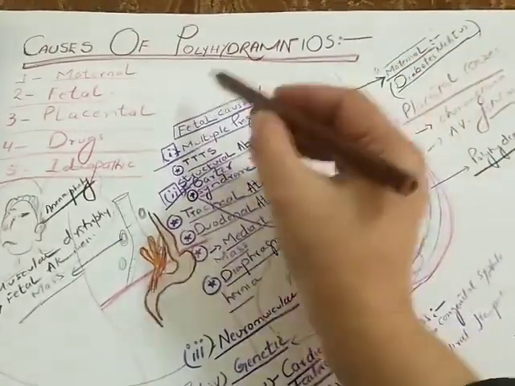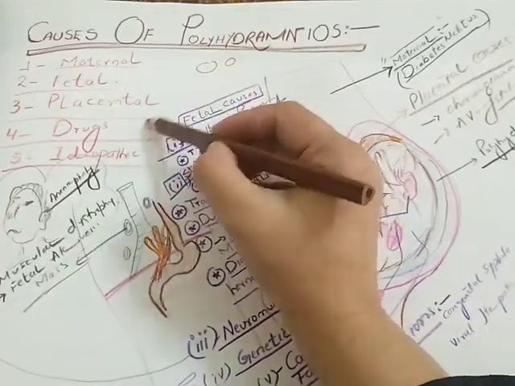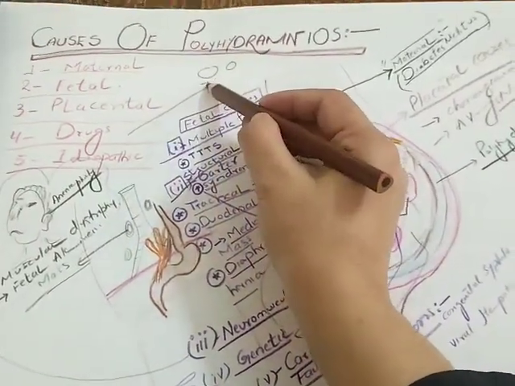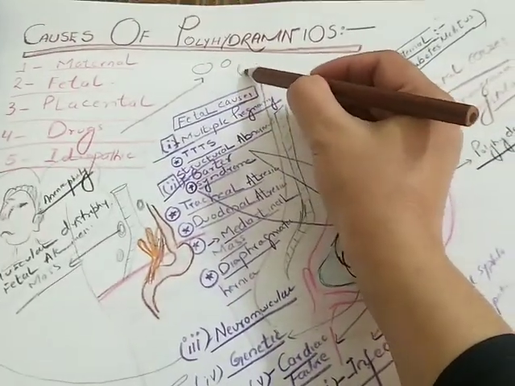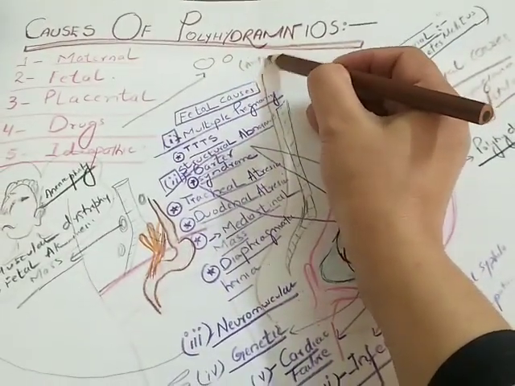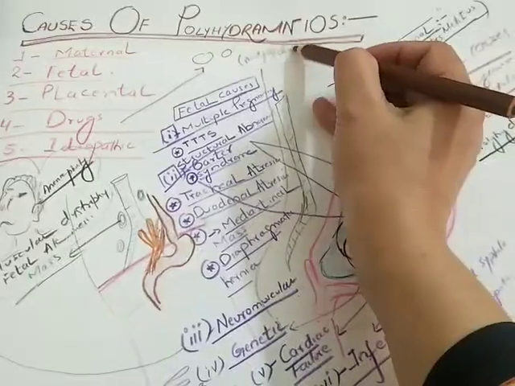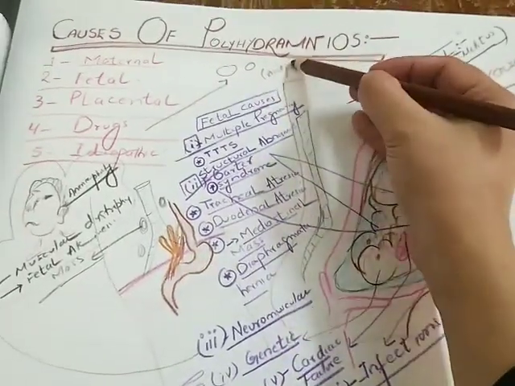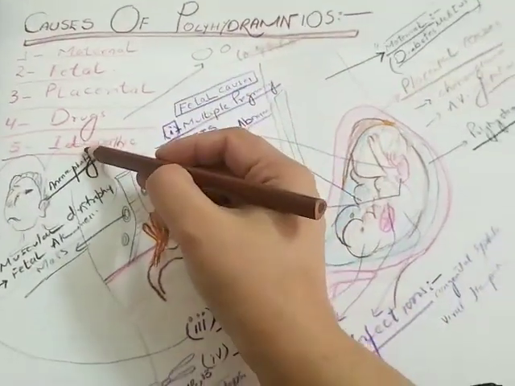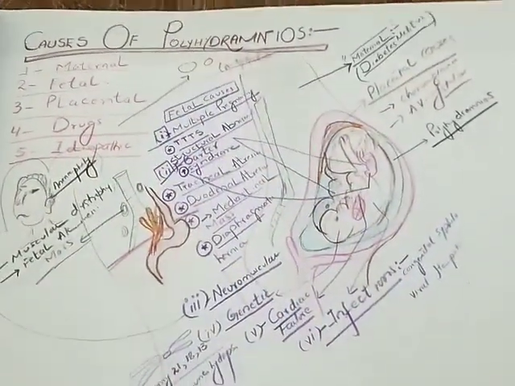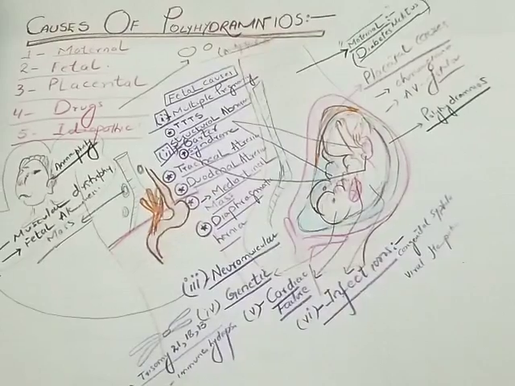Then the effects of the different drugs, for example, antipsychotic drugs. If the mother is taking antipsychotic drugs, then that can cause the polyhydramnios. And fifth is that of the idiopathic cause. So these are certain important causes of the polyhydramnios.